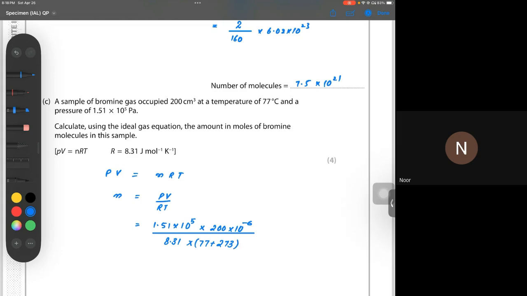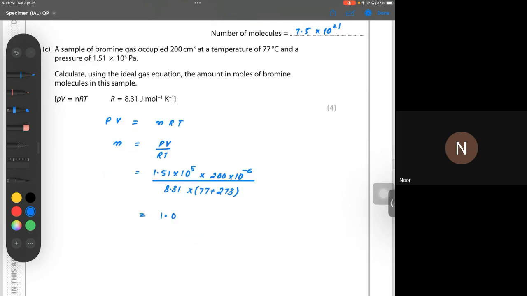What's the answer? 1.04 times 10 to the power negative 2.